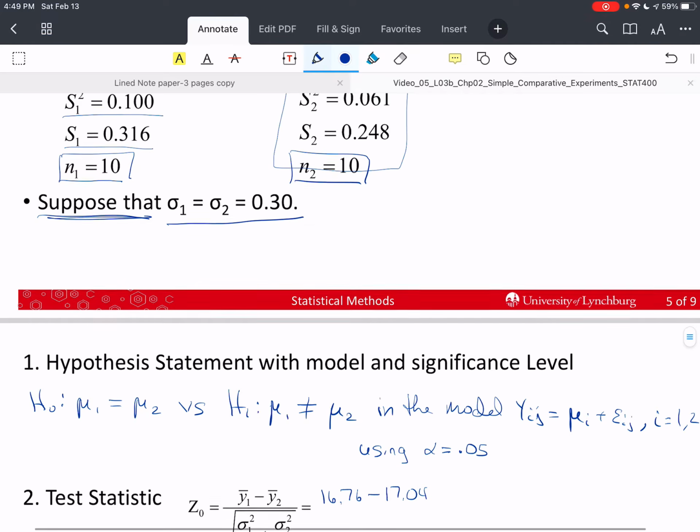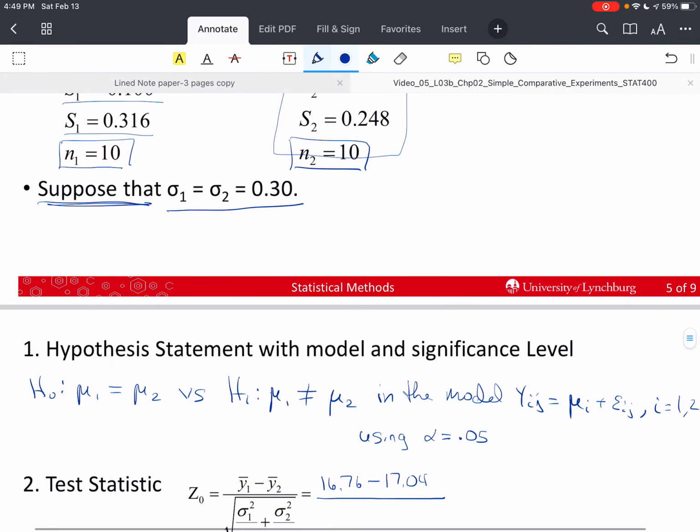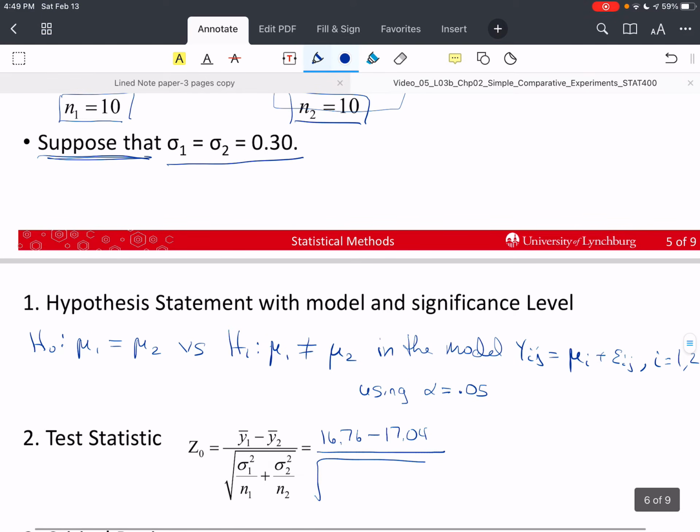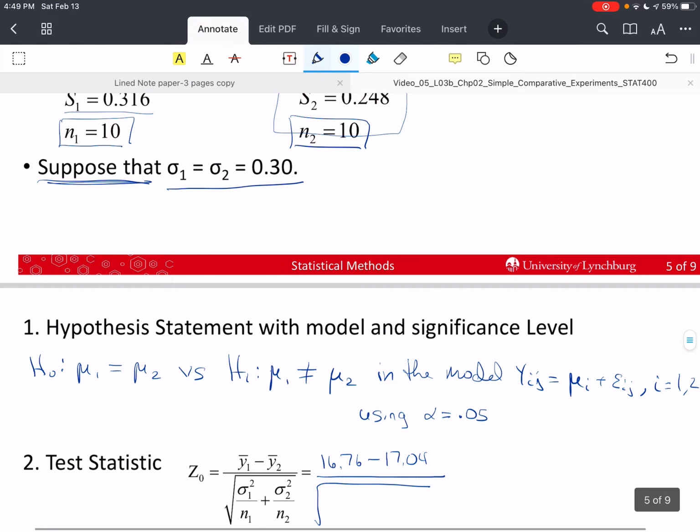And then we're going to divide by the square root of 0.3 squared over 10 plus 0.3 squared over 10. All right. We know sigma. We're going to plug in sigma here. And we've said we know them and that they're equal.